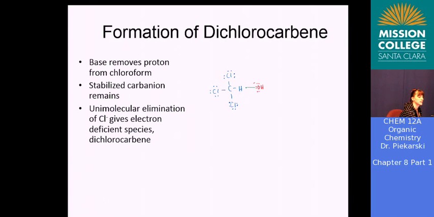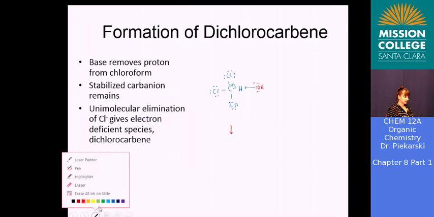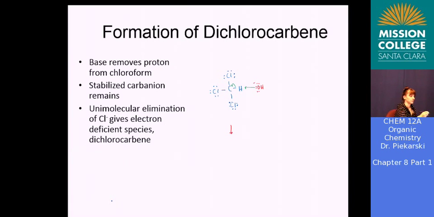It's going to pull off this proton here, and therefore those lone pairs go onto the carbon. So let's go ahead and draw the intermediate that's formed. We have a lone pair on that carbon, and then the 3 chlorines.